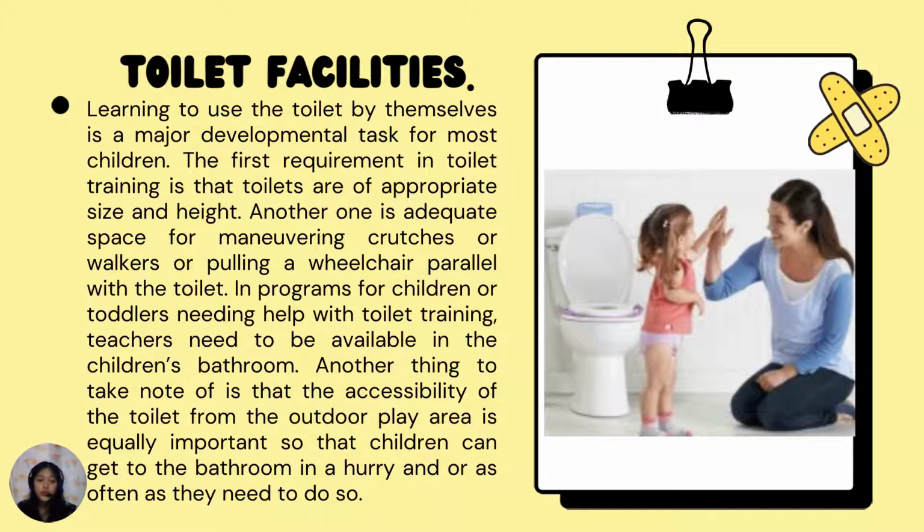So toilet facilities means those devices provided for individual convenience in the sanitary disposal of body waste and the structures for their installation and maintenance. So they learn how to use the toilets by themselves.